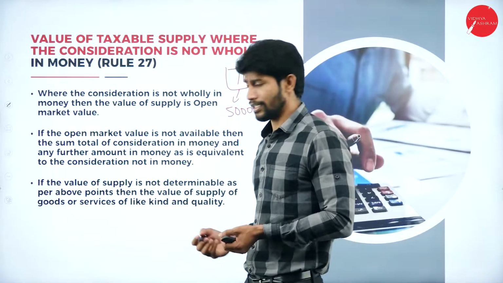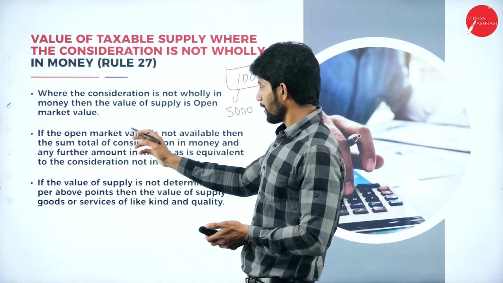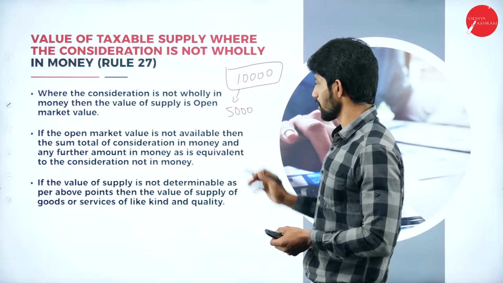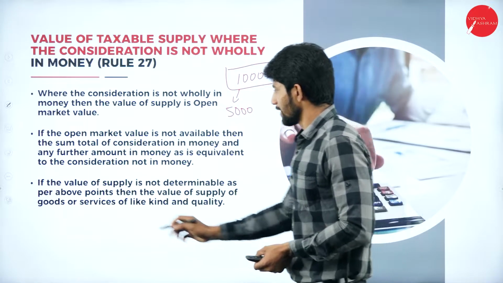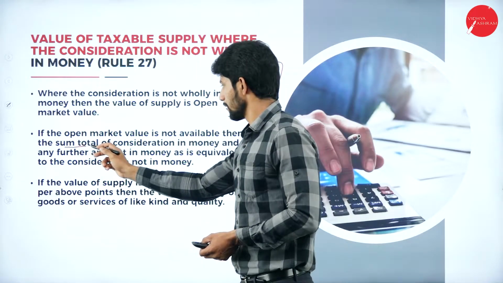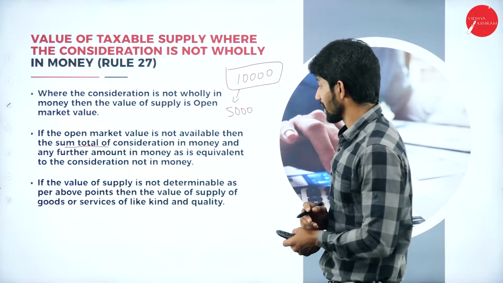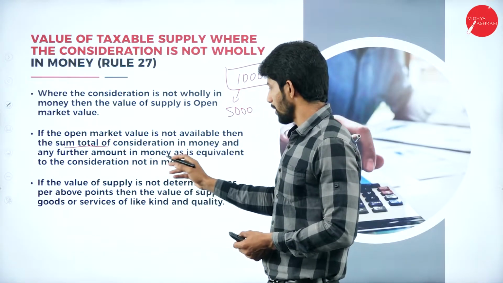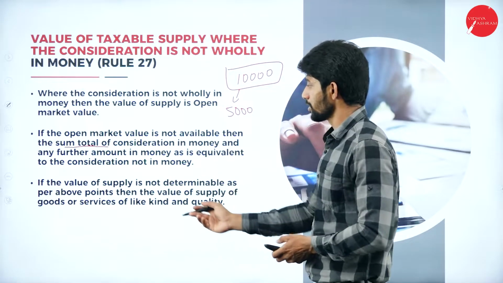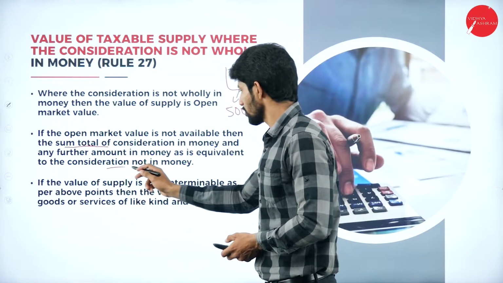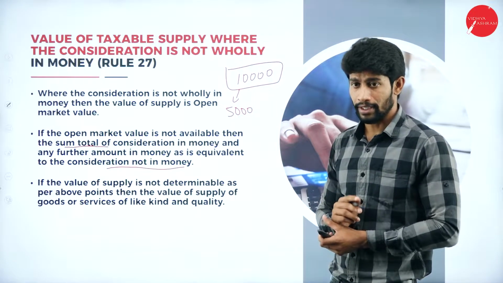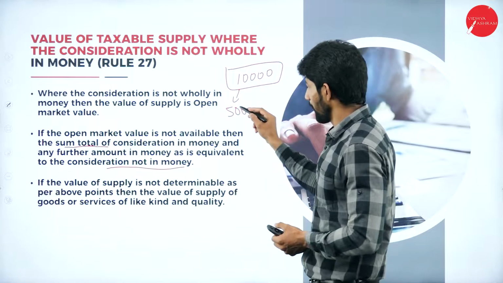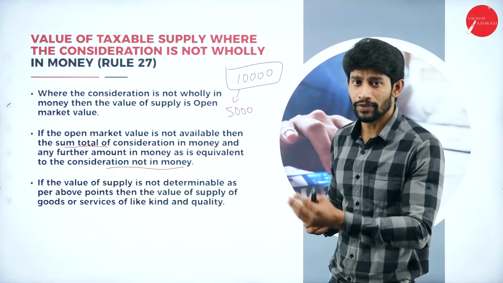Next, moving on to the second condition. If the open market value is not available, then the sum total of consideration in money and any further amount in money that is equivalent to the consideration not in money. That means the camera is worth rupees 10,000, I am paying 5,000 rupees and exchanging my old camera.